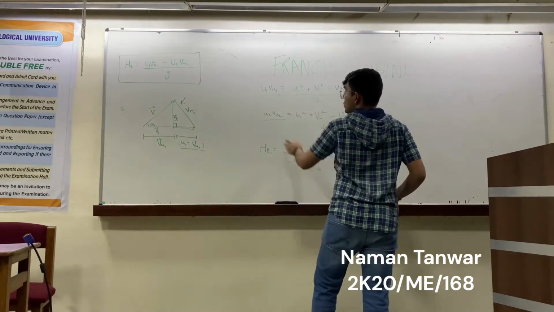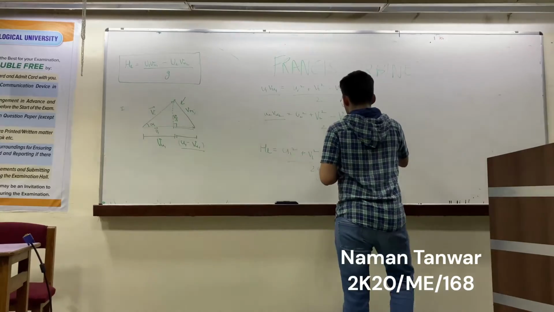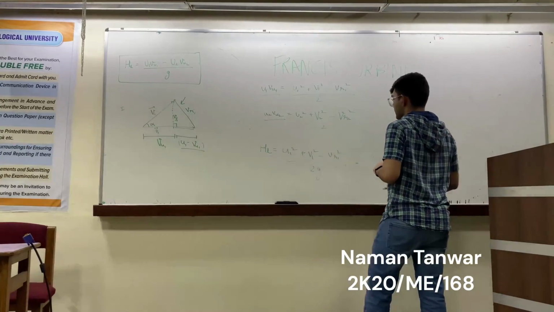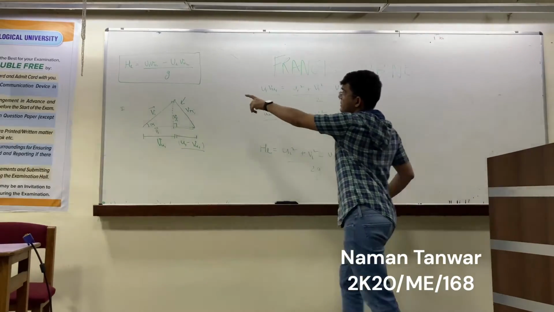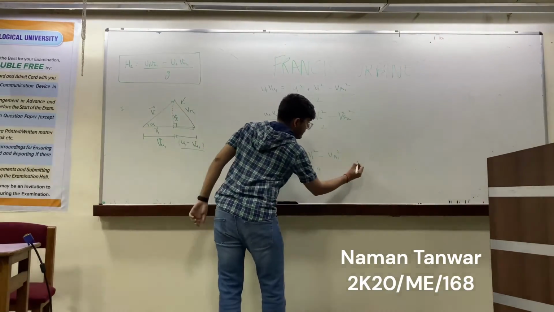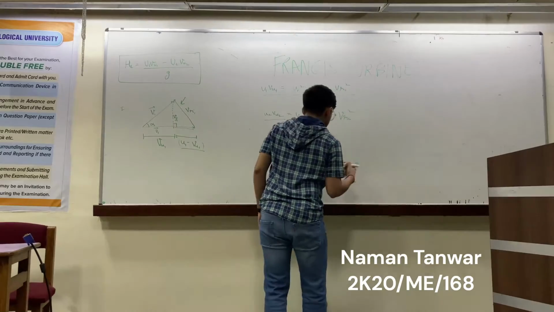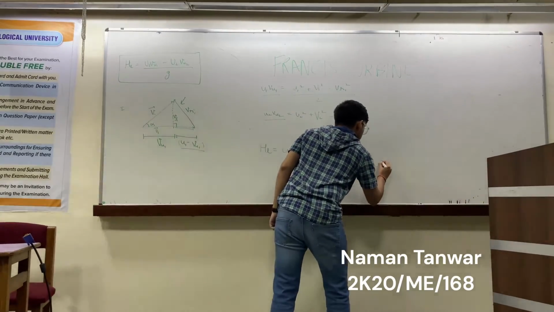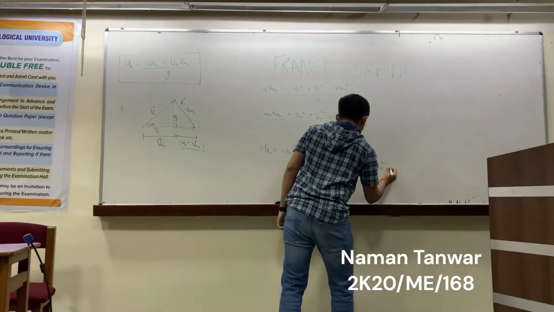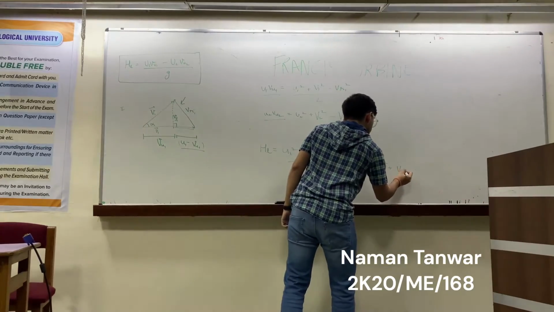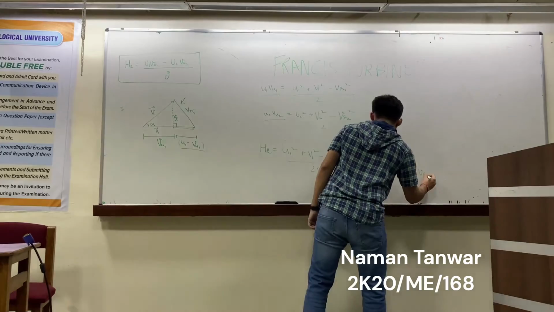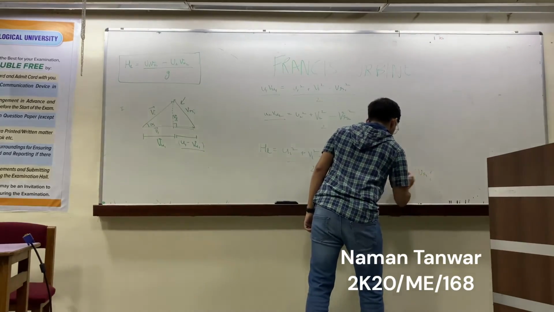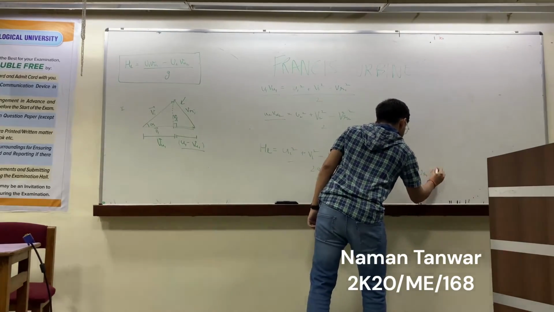I'm writing the 2 and the G here as well, minus this whole expression, because there's a minus there and this minus is here, and this will become U2 square plus V2 square minus VR2 square upon 2G.